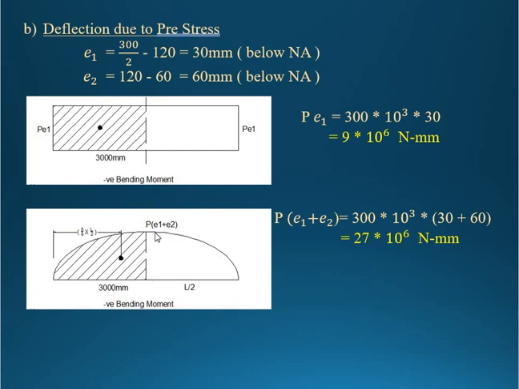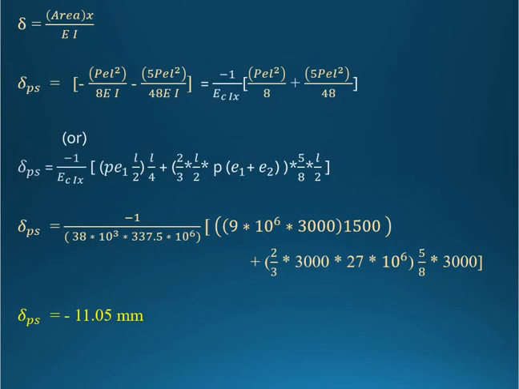Both are the same, but the important point is, while writing the parabolic variation, you should add both the eccentricities, that is, E1 plus E2, into P. This is an important point in a parabolic variation. So to calculate, we will get 300 into 10 power 3 into 30 plus 60. It will be 27 into 10 power 6 Newton mm for a parabolic variation.